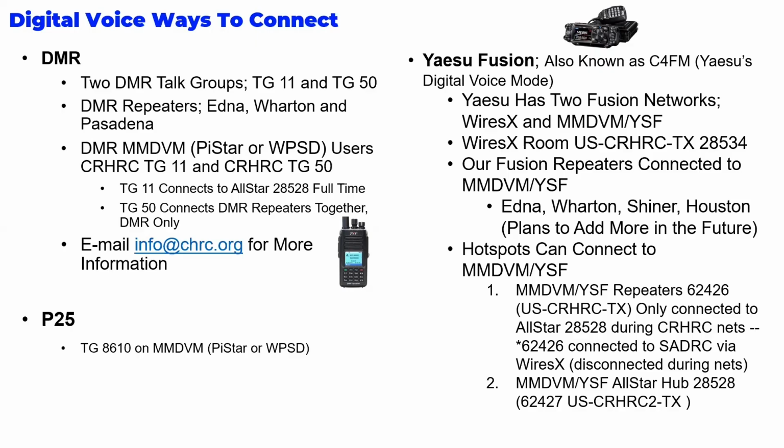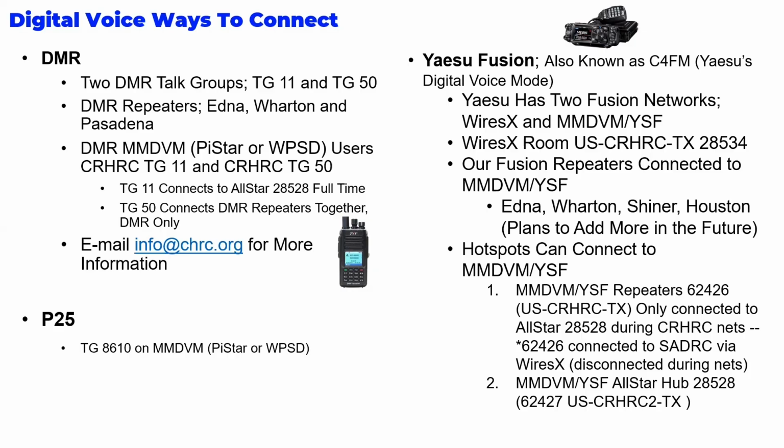One of them is called Talk Group 11, and we have 3 DMR repeaters that have access to that Talk Group 11, which are one in Edna, one in Wharton, and one in Pasadena. They are on our list. All the information you need for that is on our database. Those 3 repeaters, if you key up on Talk Group 11 and everything's programmed correctly, you will come out on the AllStar Hub Node 28528. So that's our link from analog to DMR.